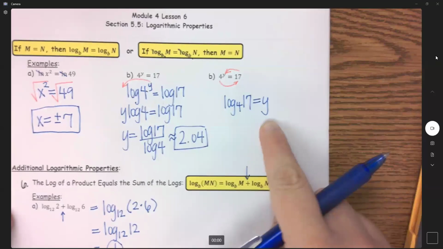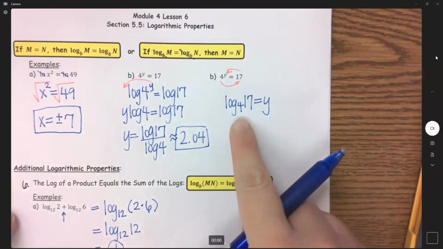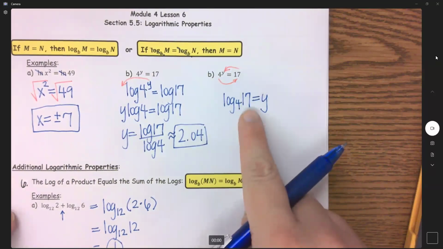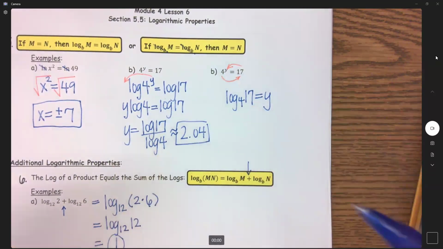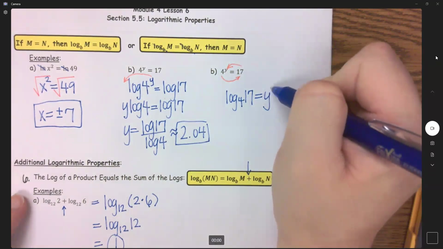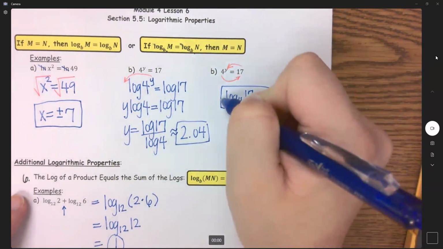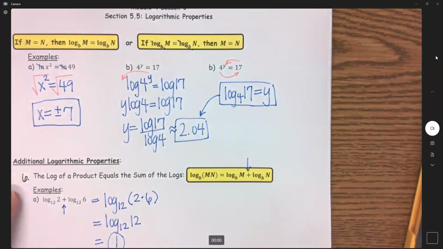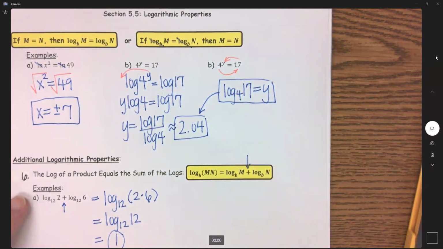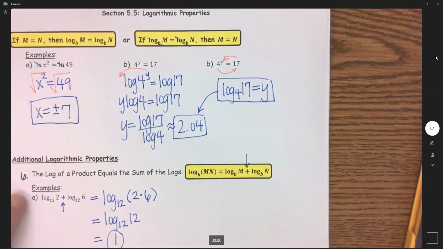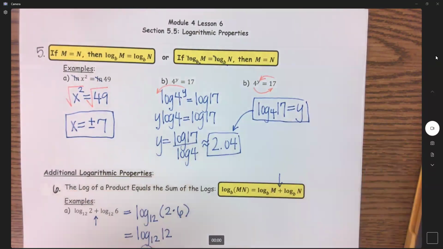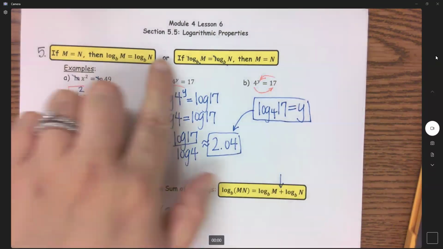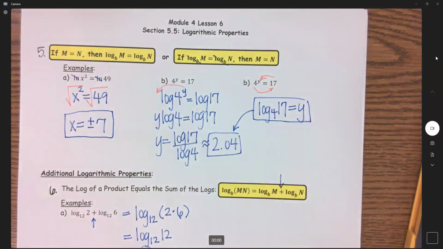And now y is already by itself. So now we can put in log base 4 of 17, which using that change of base formula is this right here. So this equals 2.04. This is what we're going to be doing next lesson. So this is just a little bit of a teaser about how we can use these properties here to help us.